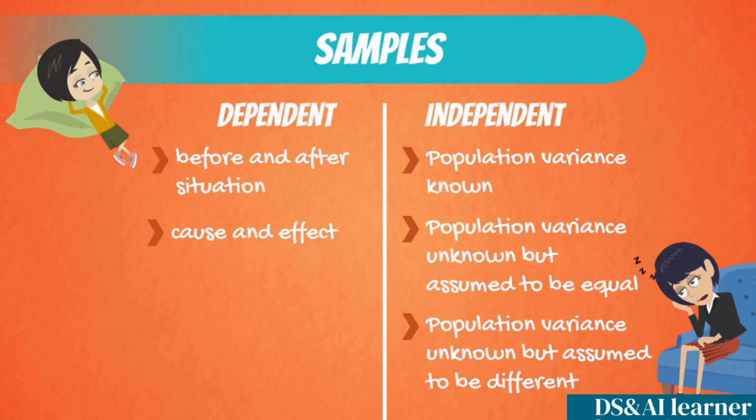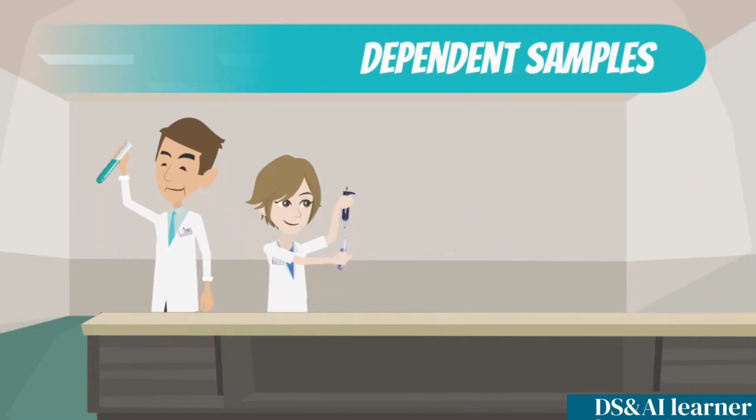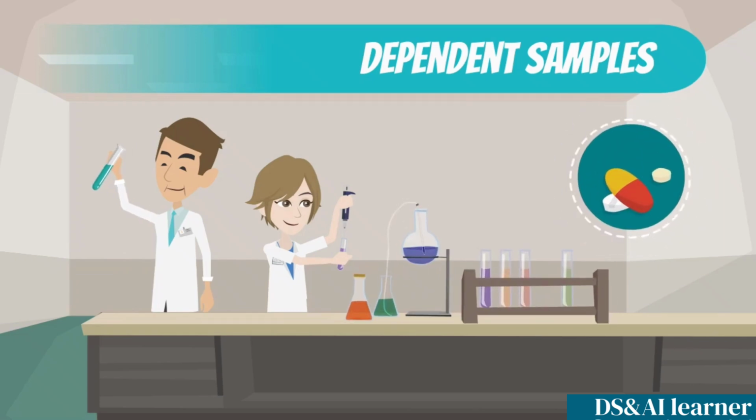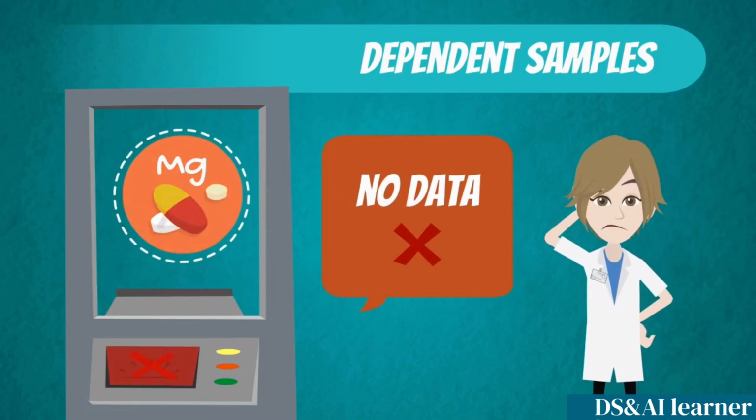All right, let's get on to the topic of this lesson: dependent samples. This statistical test is often used when developing medicine. Let's say you have developed a pill that increases the concentration of magnesium in the blood. It is very promising, but there is no data to support your claim.